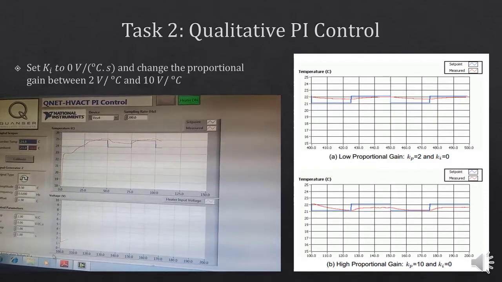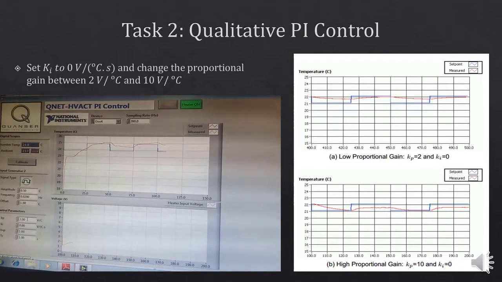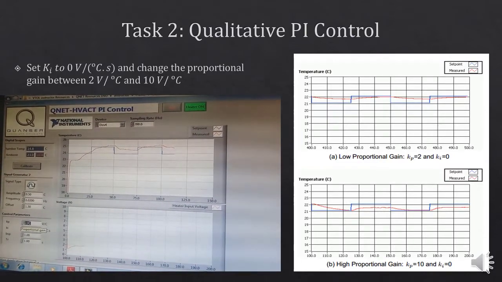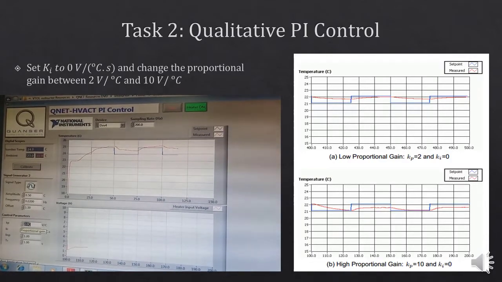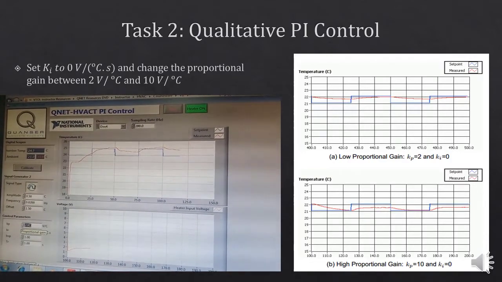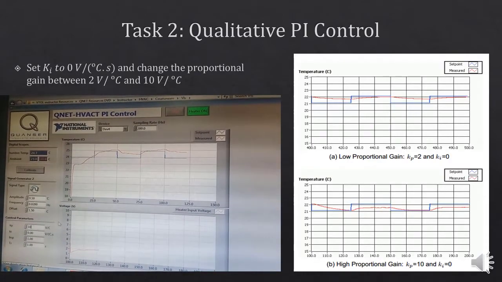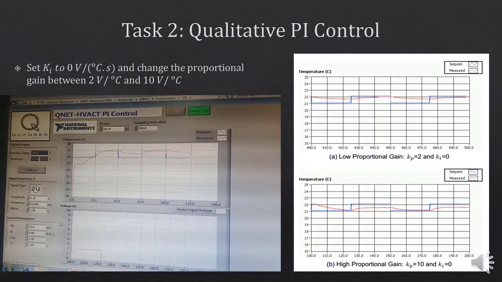You can see here that it takes longer time for the system to achieve its set point at lower proportional gain. There is a lot of steady state error in the graph.